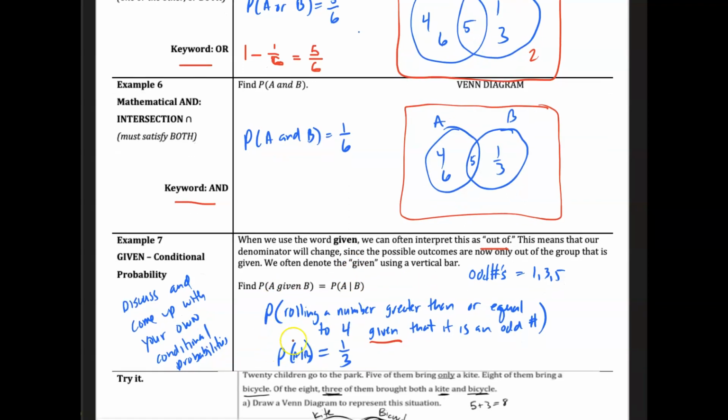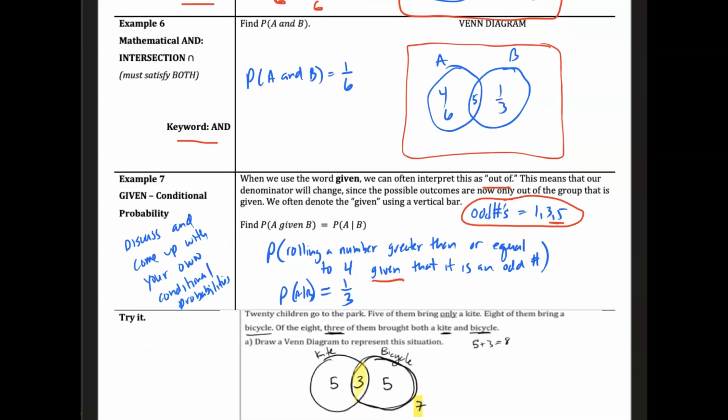Well, so the probability of rolling a number greater than or equal to 4, given that it is an odd number, or that's out of the odd numbers, right? And so this would be 1 out of 3 if you think about it, right? Here are the odd numbers, and what's the probability that it's greater than or equal to 4? Well, there's only one option, 1 out of 3, because there's 3 odd numbers.